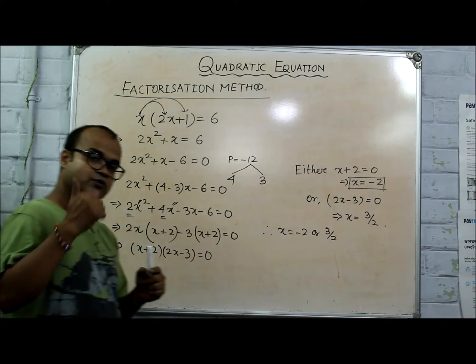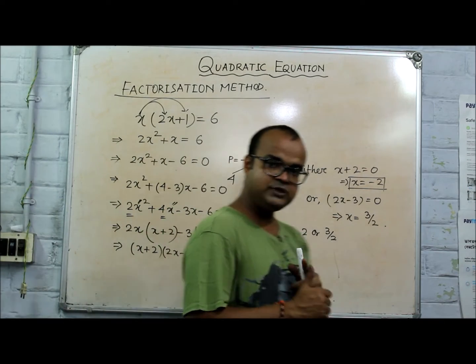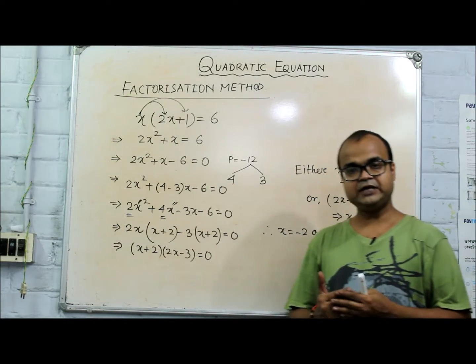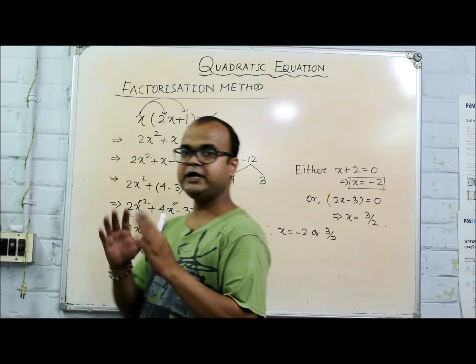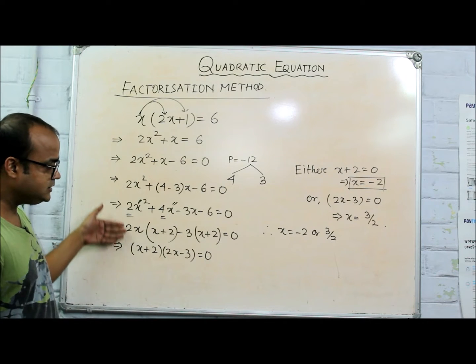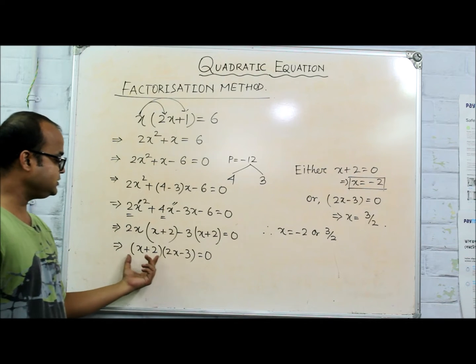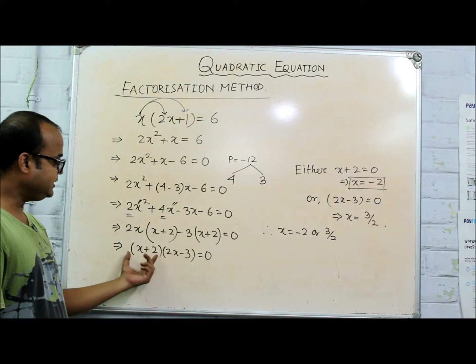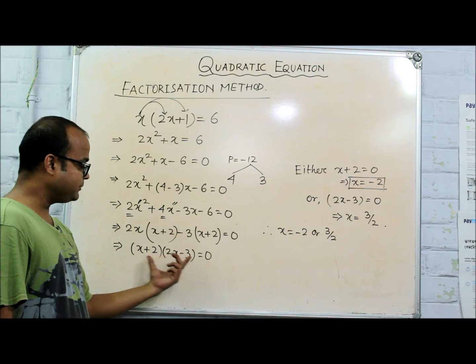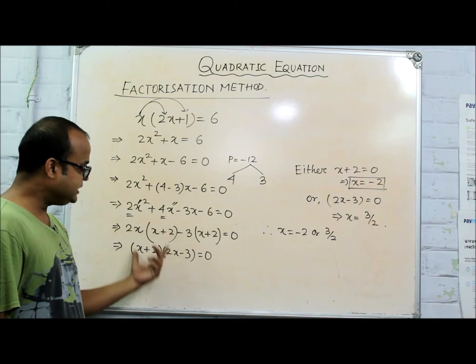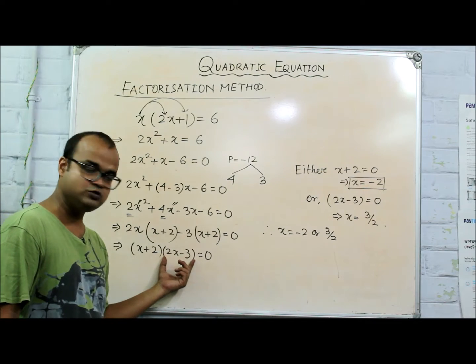Clear? So, if any expression is given to you, you need to simplify it, reduce it to the standard form of a quadratic equation, then apply the middle term factorization, and you will get the two linear expressions in product form. Then, if the product of two linear expressions is equal to 0, that means either one of them must be equal to 0.